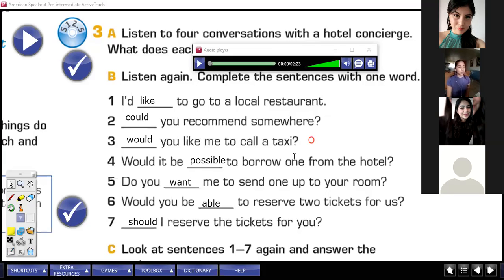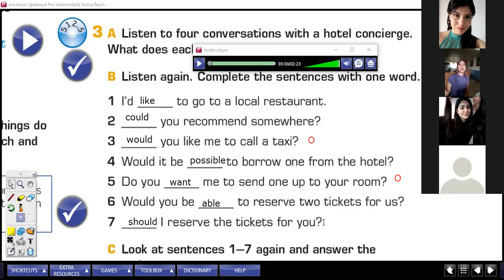Any other as an offer? Number 5. Do you want me? Again, I offer my help. Do you want me? ¿Quieres que haga esto por ti? And number 6? Would you be able to reserve 2 tickets for us?